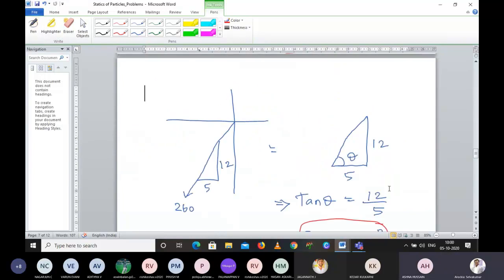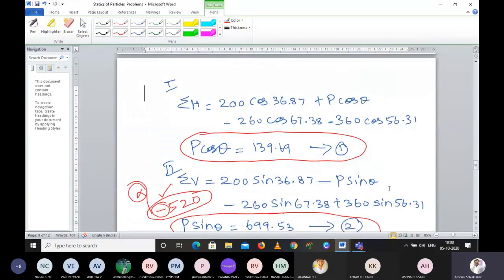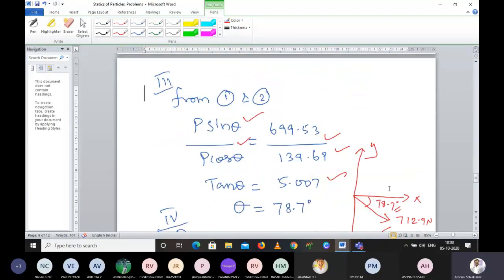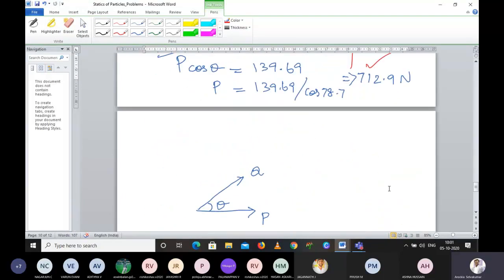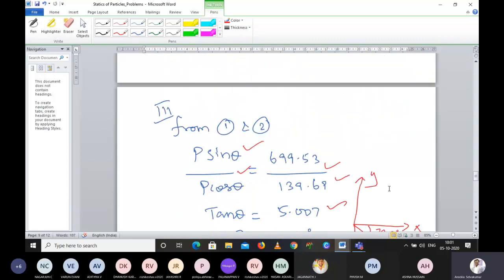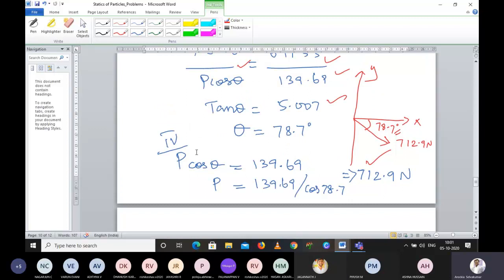Once I'm clear about that, I will put first, second, third, and fourth, what I have to calculate. This is how to show that I have got the concept clearly. Then my professor will just tick this and give me 5 out of 5.